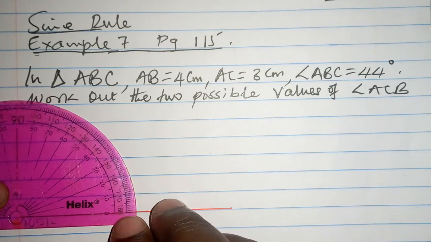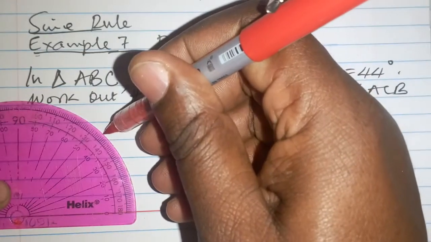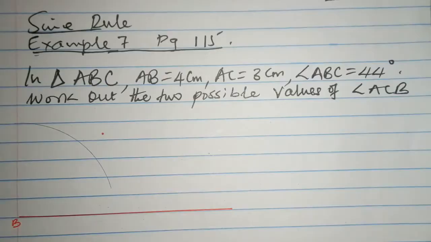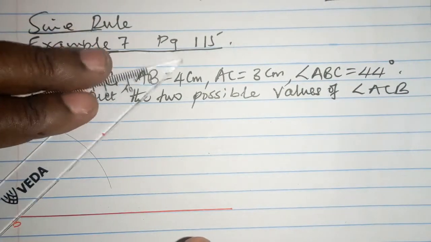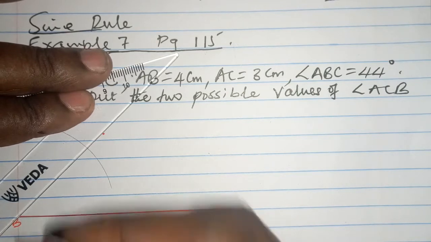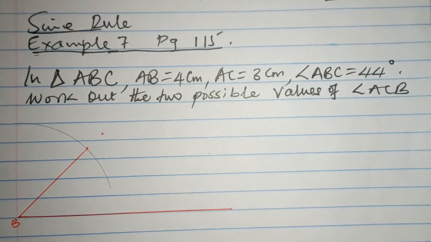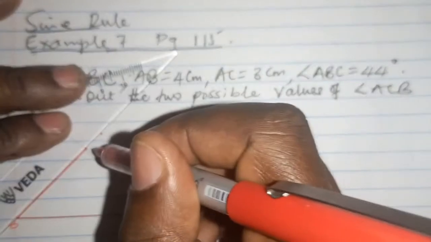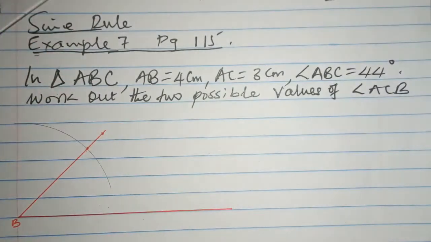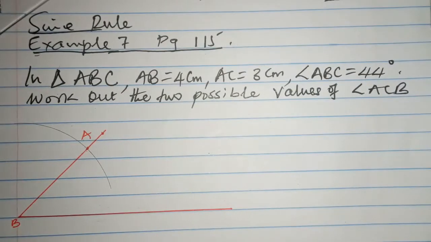And our point A is clearly at that particular point. You may produce the line, there is no problem.